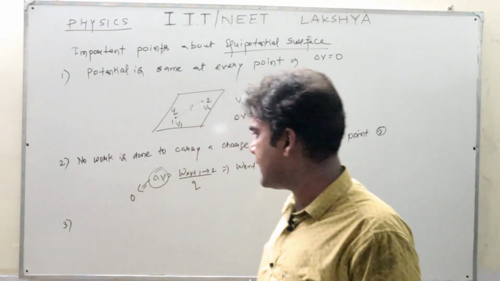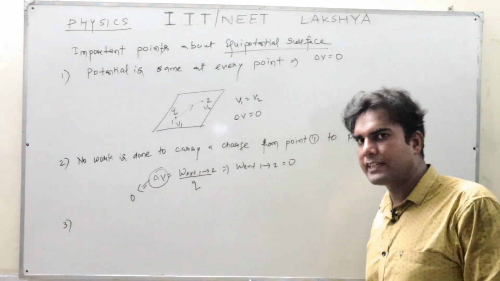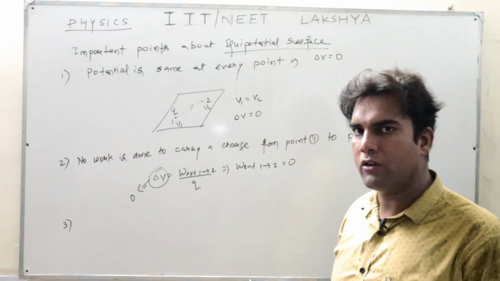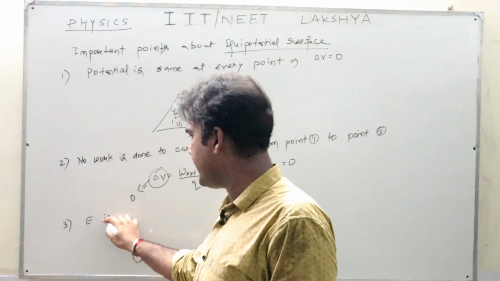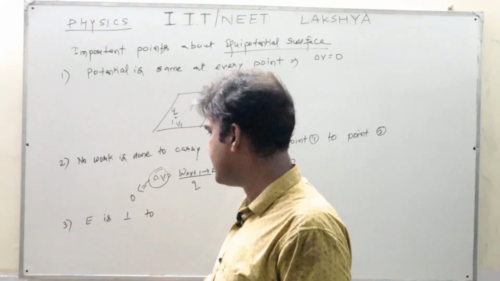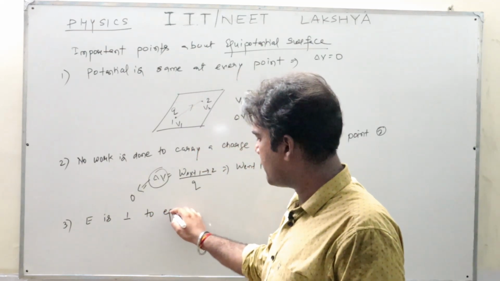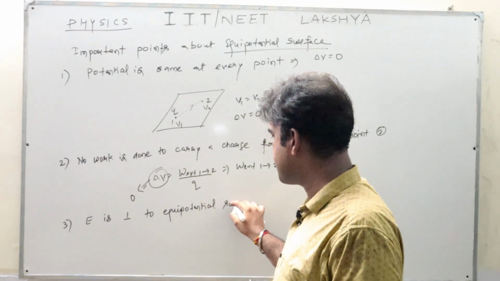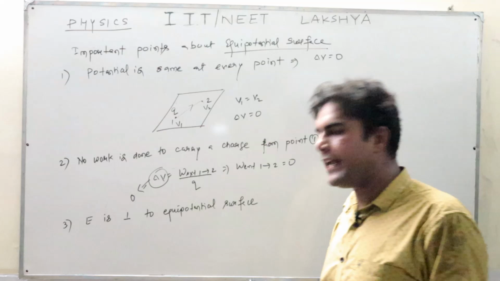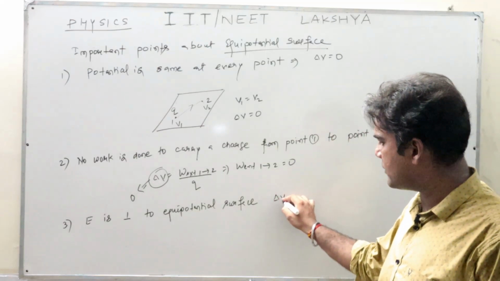Point number 3 is that electric field is always perpendicular to the equipotential surface. That is, electric field E is perpendicular to the equipotential surface. Let us try to understand how. On an equipotential surface, delta V is how much? 0.